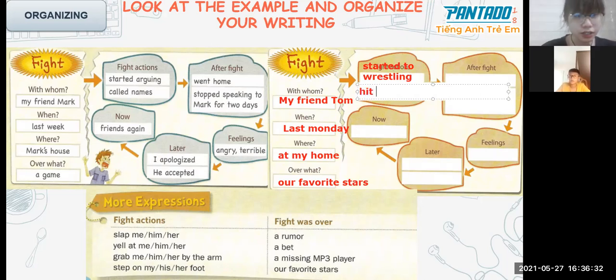Hit each other, right? Yeah. Okay. So after the fight, left the place. Next one. You have another.